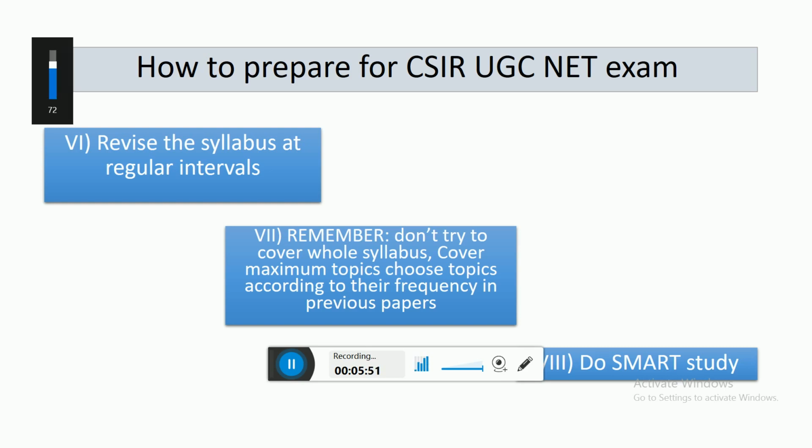Remember, do not try to cover the whole syllabus, because there are 13 units, and it takes a hell of a lot of time. Mainly you should cover maximum topics and choose topics according to their frequency in the previous year question papers. So guys, do smart study.